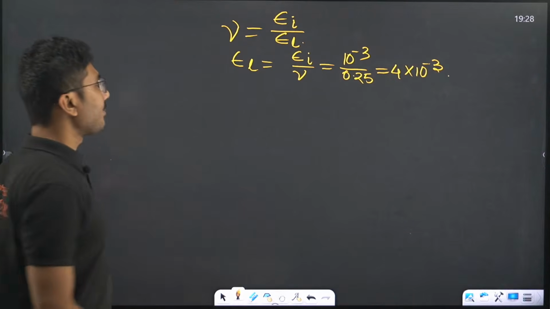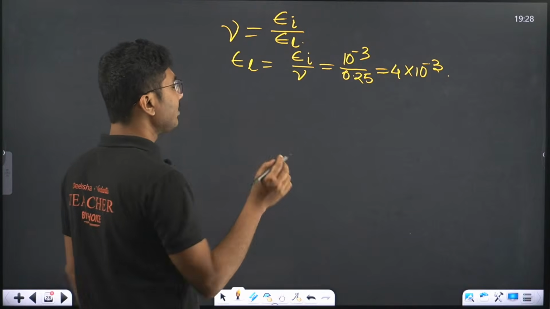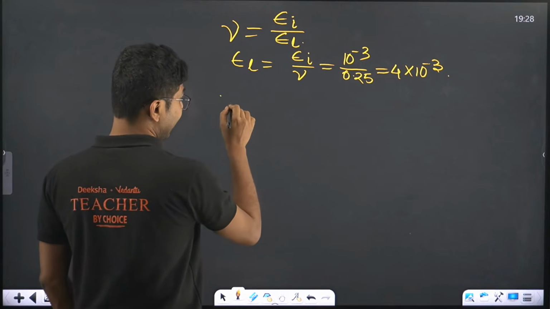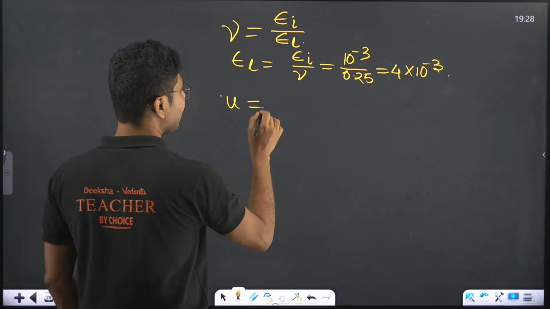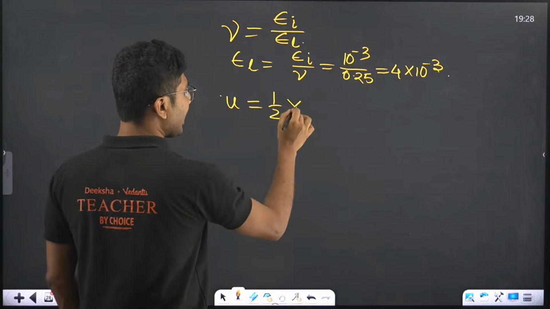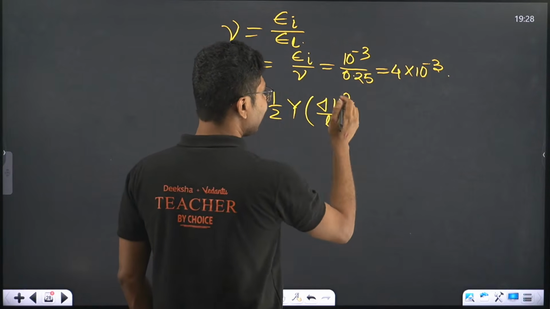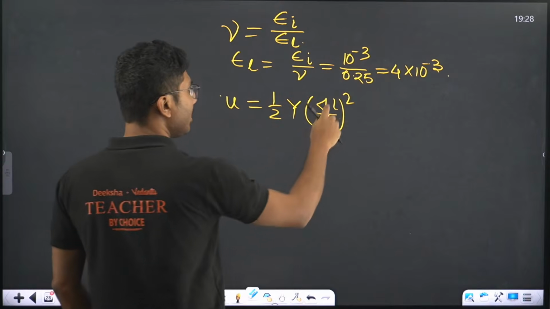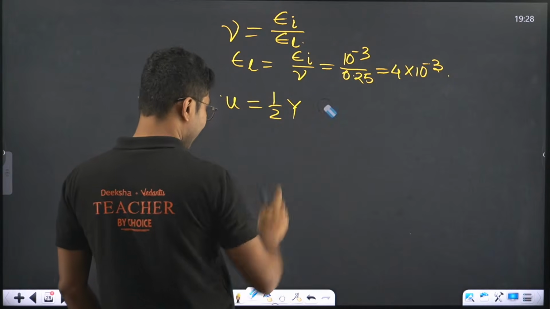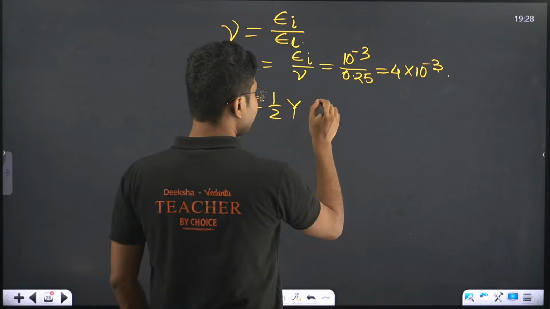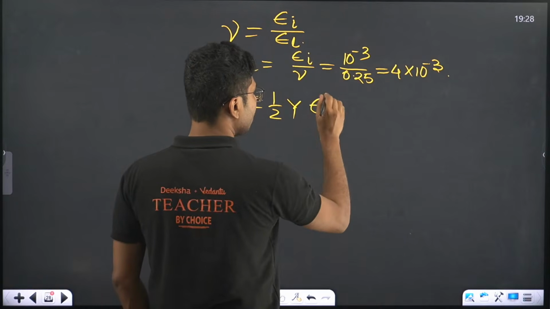Now what about Young's energy density? Energy density is given by half Y into delta L by L whole square. Now what is delta L by L? Delta L by L is called the strain. So it is simply epsilon L whole square.